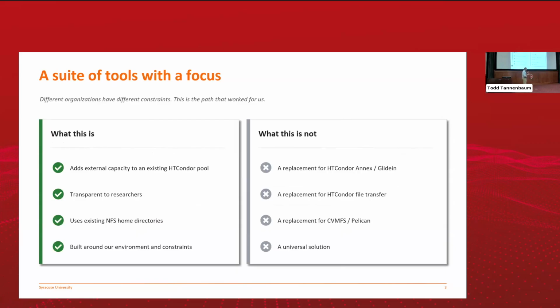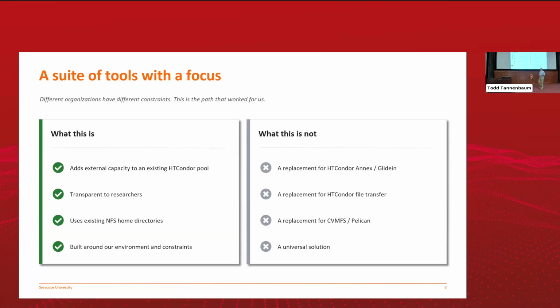So a little bit of disclaimer, some more understanding. What this is is a framework and tooling to add capacity to our on-prem HTCondor pool, and to do it in a way that is transparent to the researcher. It's important that I do not bifurcate my cluster.